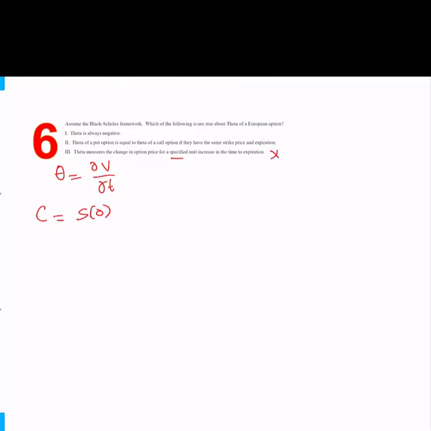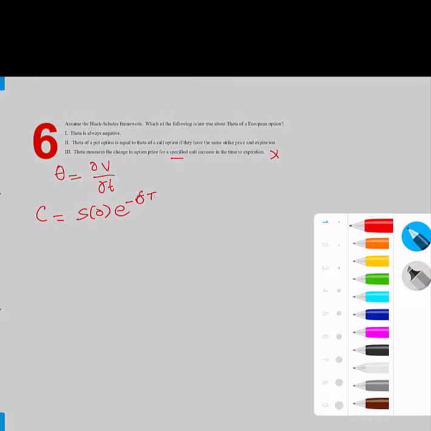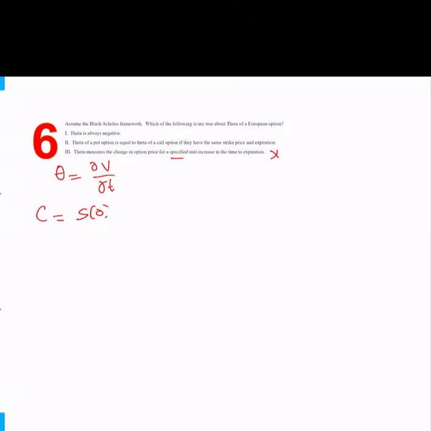Let's look at the call price and the put price. Call price is S0 e to the minus delta T, give me 1 second, I think I made a mistake right here. For this one, we do not use the initial price. We use the time T price.